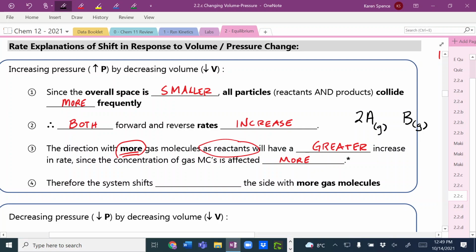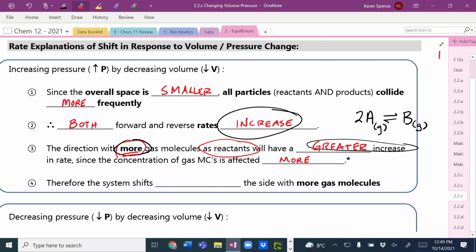So we have our equilibrium here. And both of the rates are going to increase, but the direction with more gas molecules is going to have a greater increase. So when we look at this, this direction increases more, and this direction, although it also increases, increases less.